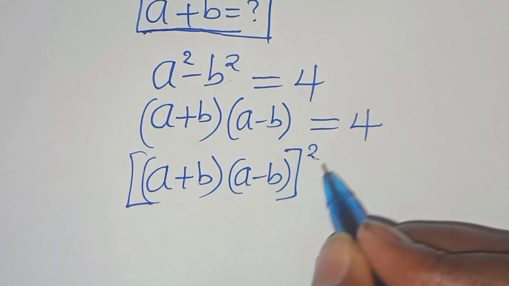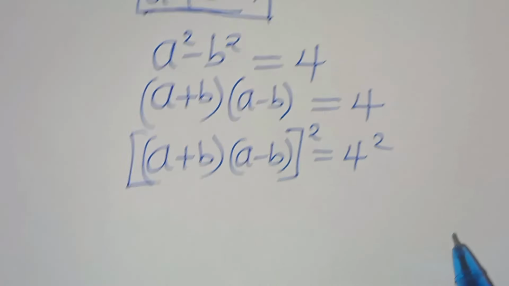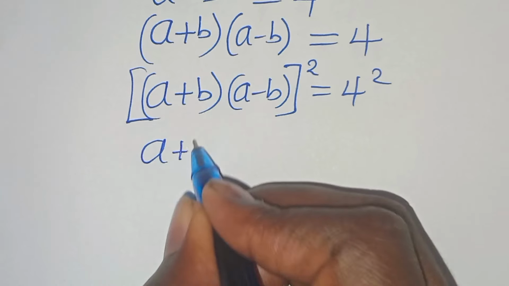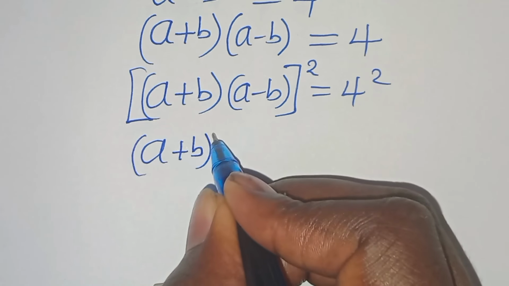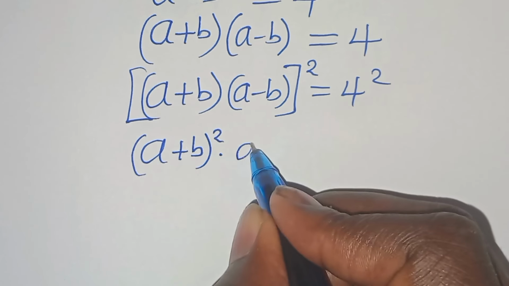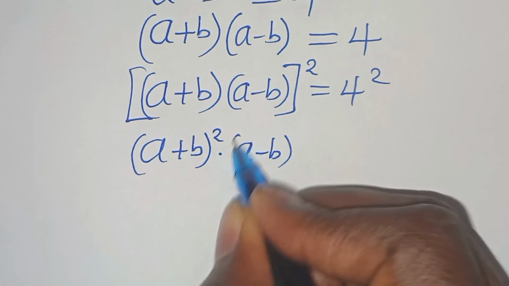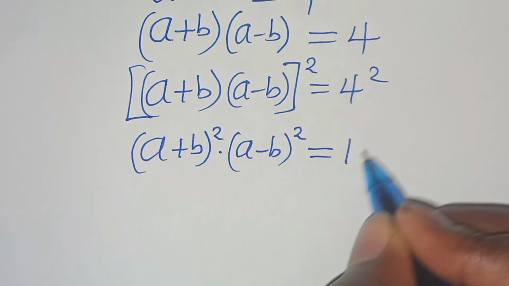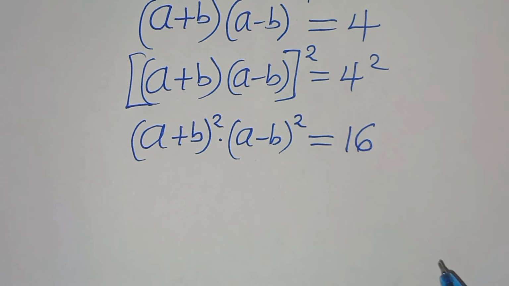So let's square on both sides from here, so that now this is the same thing as a plus b raised to the power of 2 multiplied by a minus b raised to the power of 2. This is equal to 4 squared, which is equal to 16.